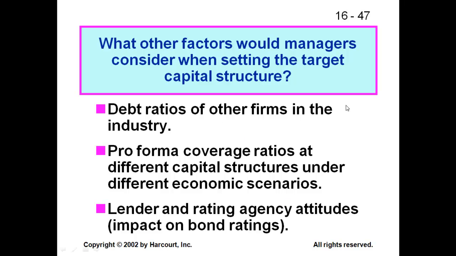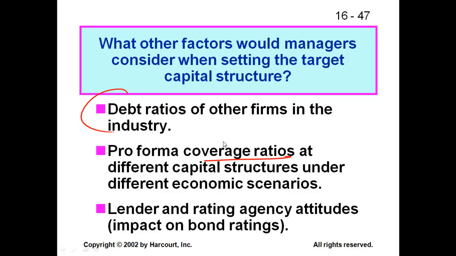So what other factors should managers consider when coming up with a capital structure? You can look at what else is happening in the industry. If you are in an industry with very low debt ratios, then you should not try to be overly ambitious and have high ratios. Next, pro forma coverage ratios at different capital structures.